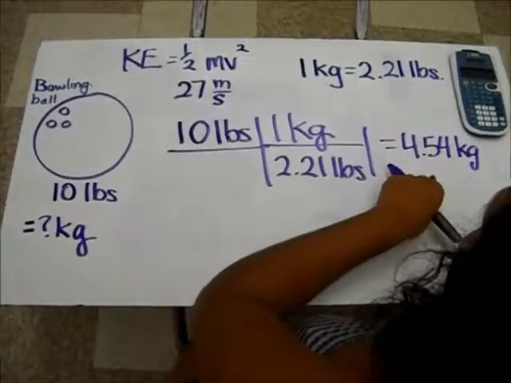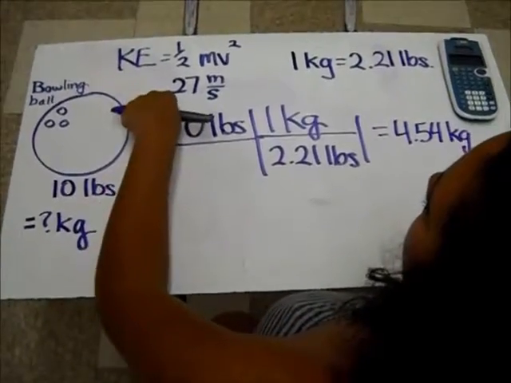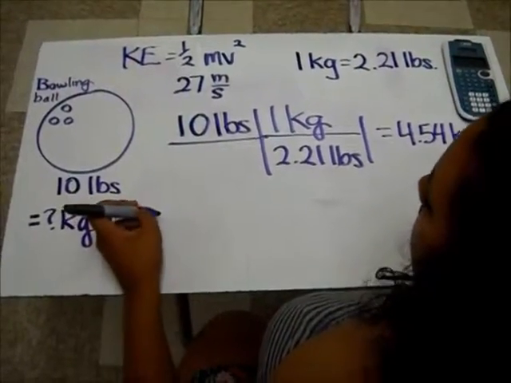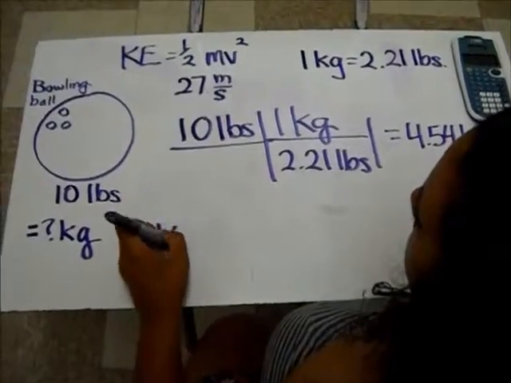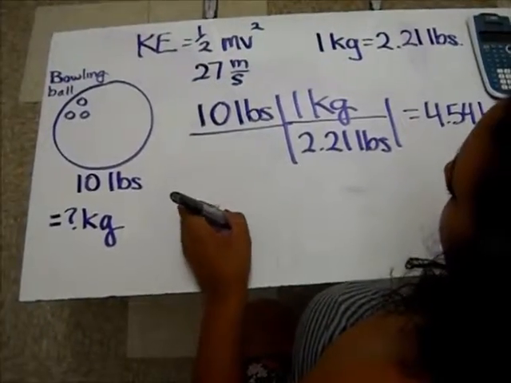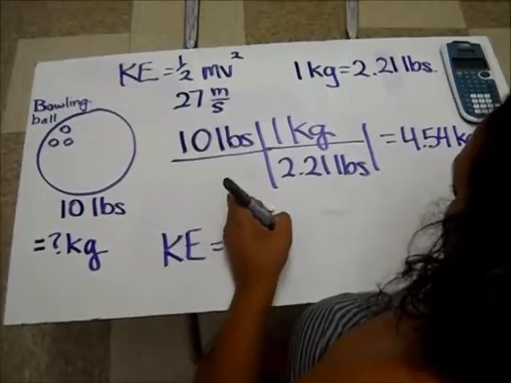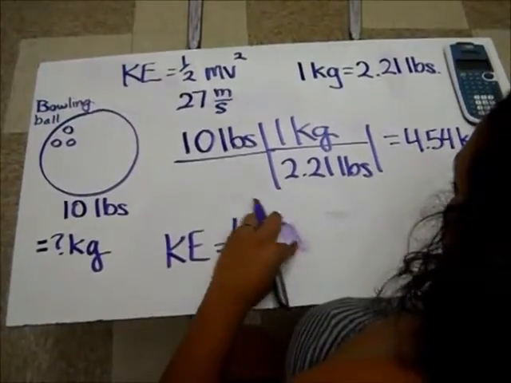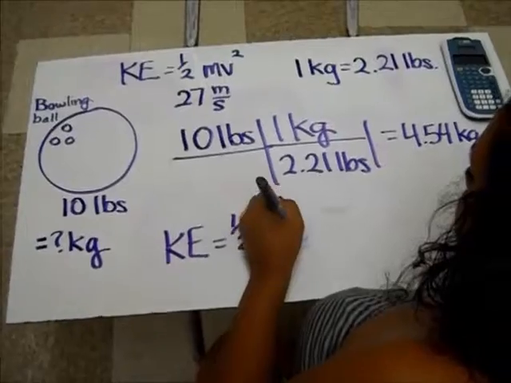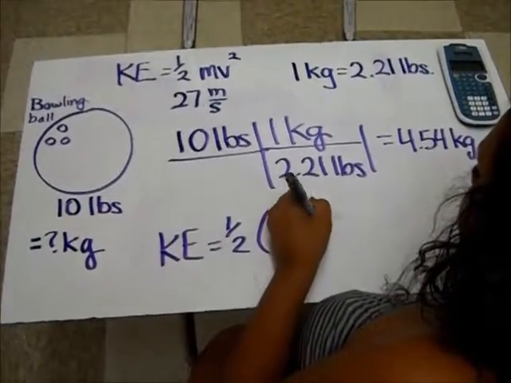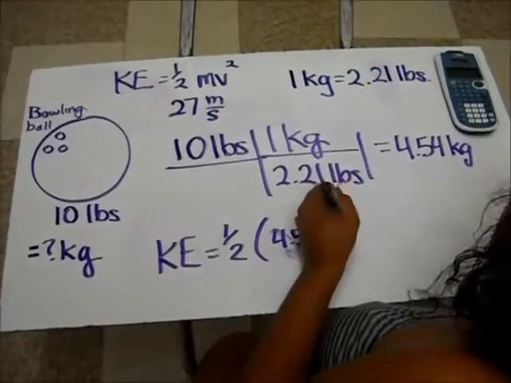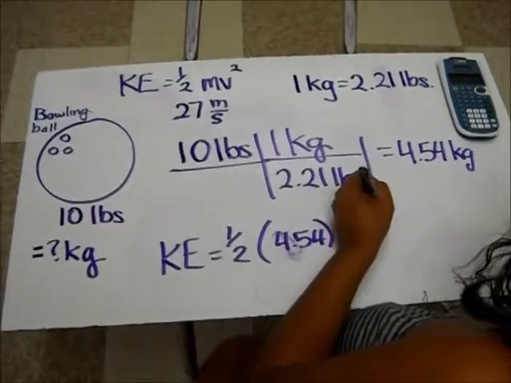So now that we have our kilograms and our velocity, we're going to use the kinetic energy formula. So kinetic energy equals 1/2 times 4.54 times 27 squared.